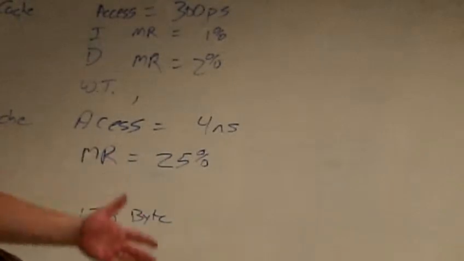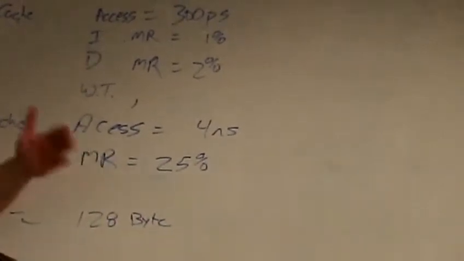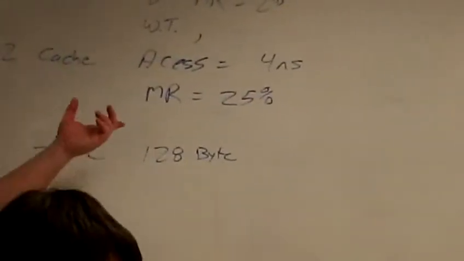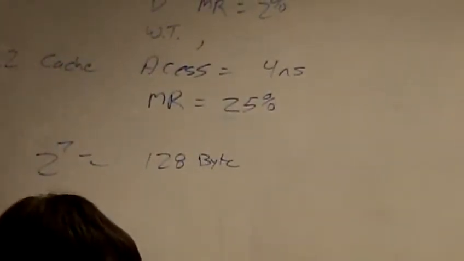So if I've got 128 bytes, how big is an average variable? I've got a 128-byte block. That's how big a block is that I'm loading from RAM. If I'm loading a 128-byte block, how many variables can I stick in that block? Is that a reasonable question?